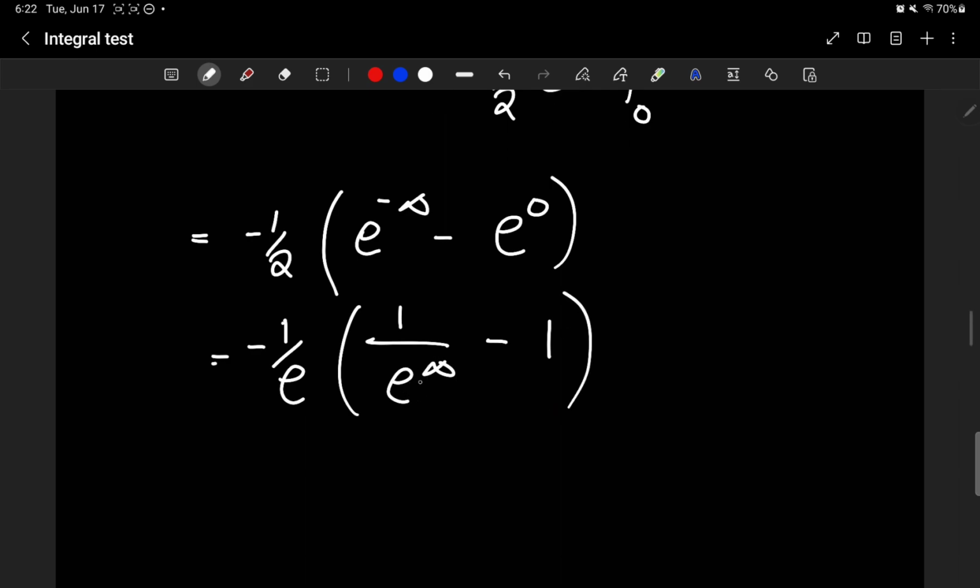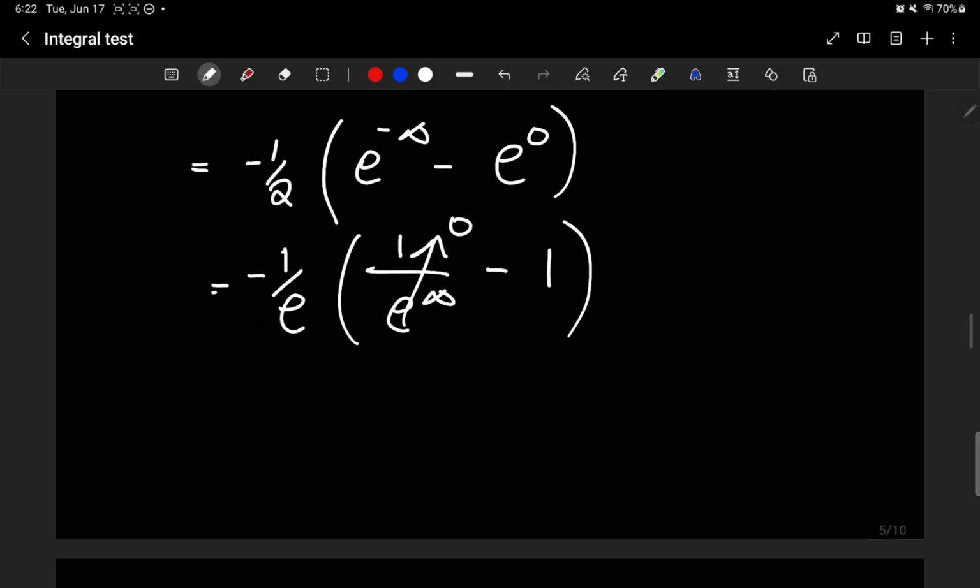Now, since e to the infinity is also infinity, 1 over infinity makes this term 0. Sorry, I put an e here, this is a 2. The negative and the negative here will give us a positive. So that will just be positive half. So we have seen that our integral has reduced to half, and half implies that this one converges.